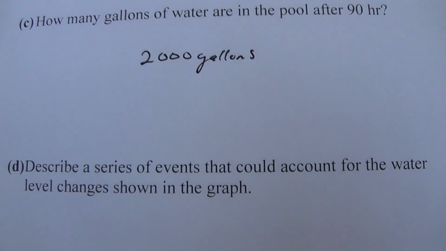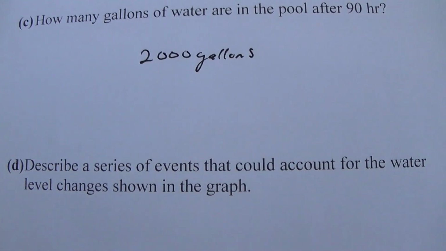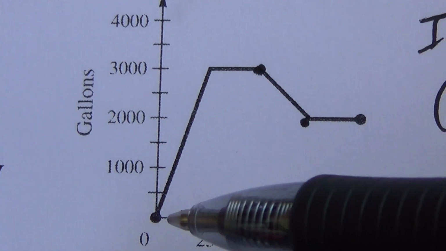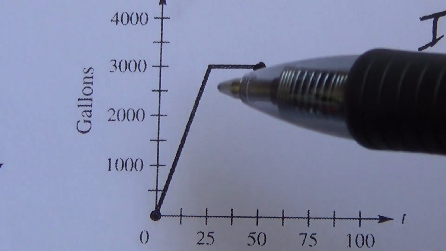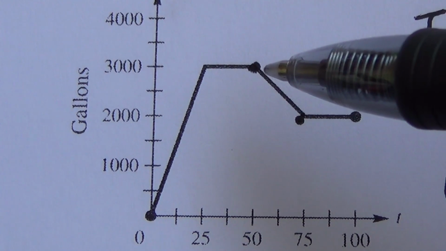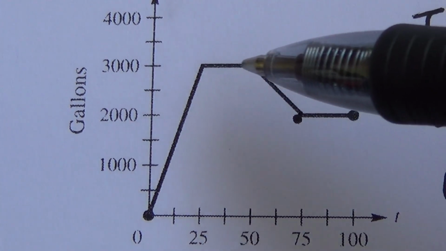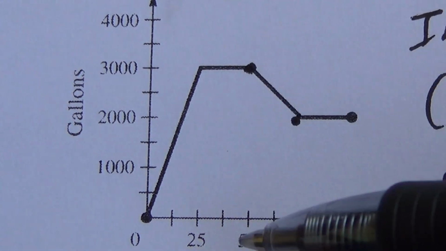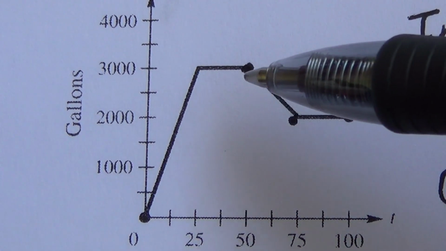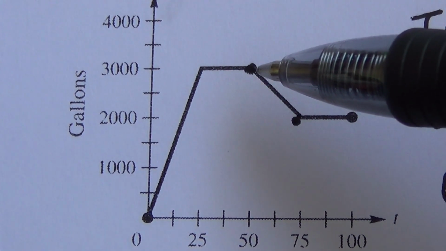Part D. Describe a series of events that could account for the level changes shown in the graph. We notice that there's a steady increase from 0 to 25, and the height of the pool is constant at 3,000 gallons. A possible scenario would be the pool filling up and staying constant.